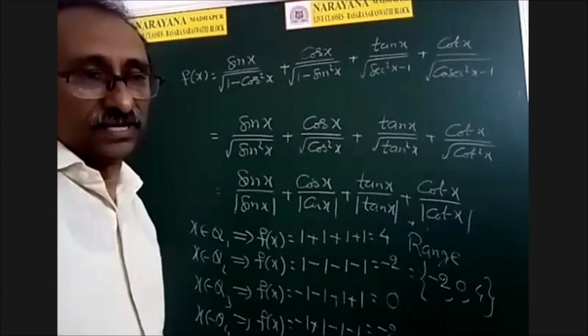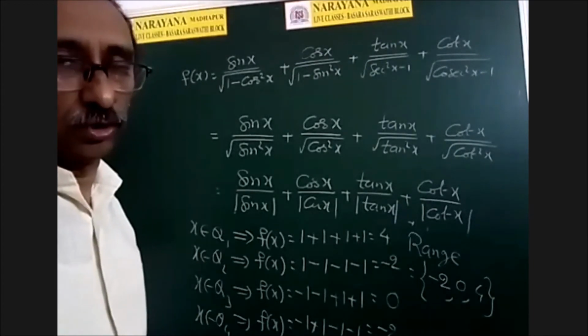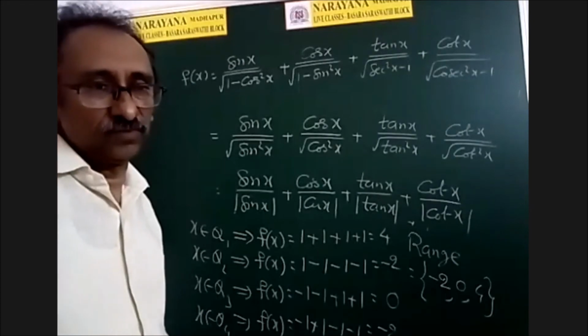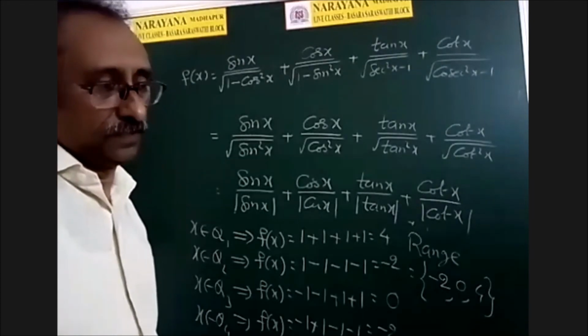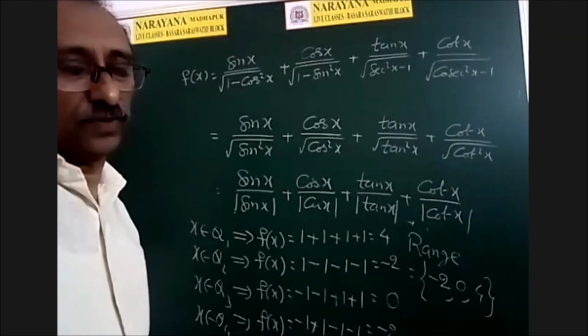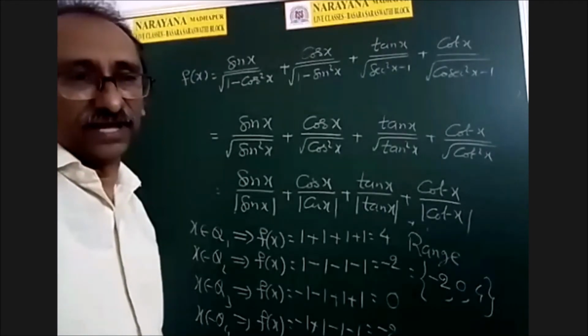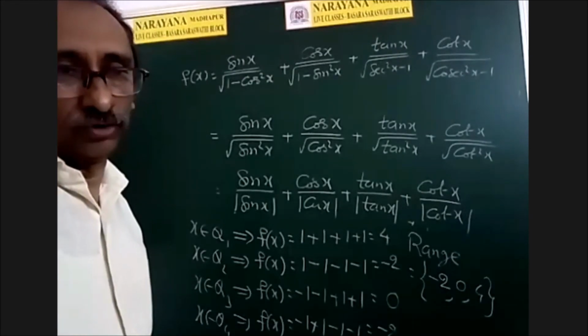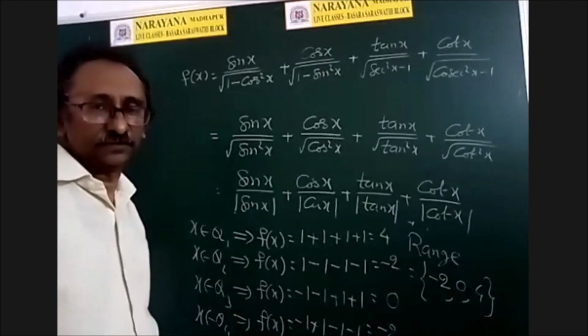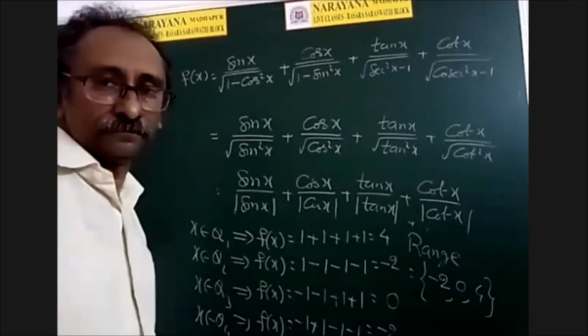Then sine square x cos square x can be written in sine square 2x form. Any more doubts?